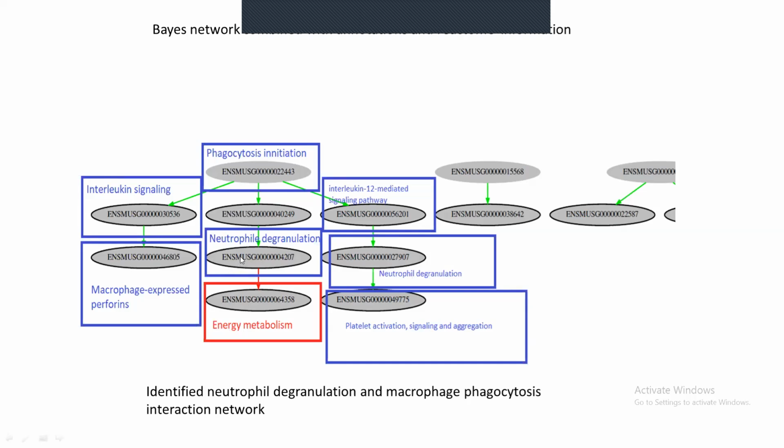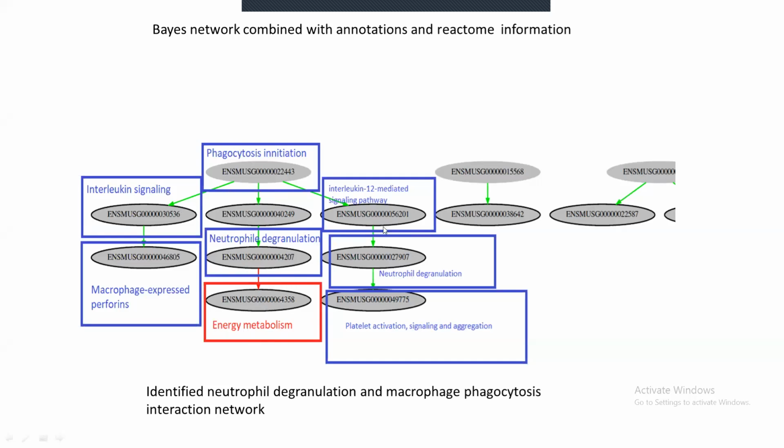So we initiate the phagocytosis, neutrophil degranulation is expanding on this process, and energy is being lowered in other processes of the cell to save it for this process. You can see that there is a red line here, which means that as this is happening, energy metabolism is going down.